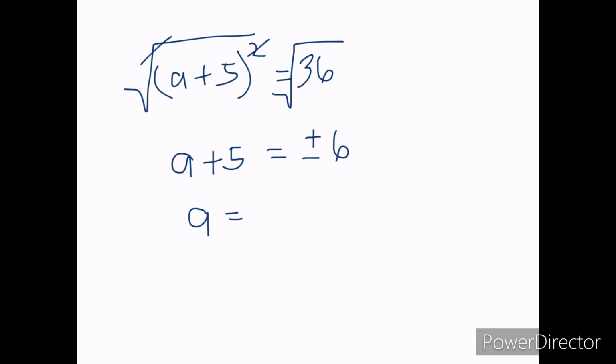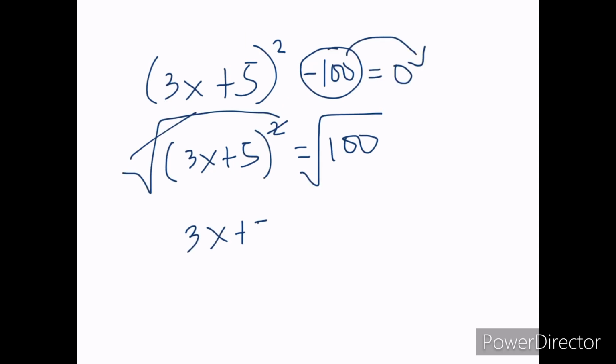So cancel this one, cancel this one. So 3x plus 5 is equal to the square root of 100, which is positive negative 10. Next, transpose positive 5 to the other side after the equal sign. So it becomes 3x is equal to negative 5 plus and minus 10.